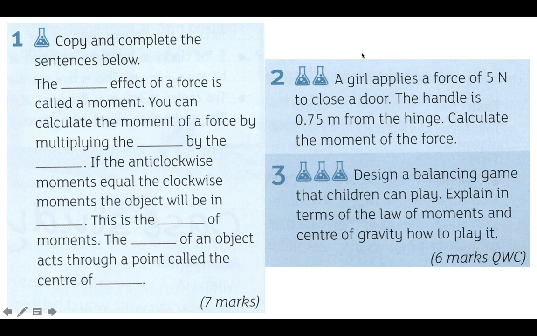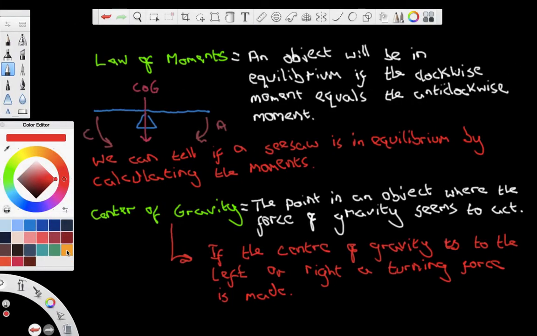Question 2. A girl applies a force of 5 newtons to close a door. The handle is 0.75 metres from the hinge. Calculate the moment. You should have done 5 times 0.75 to give you a moment of 3.75 Newton metres.